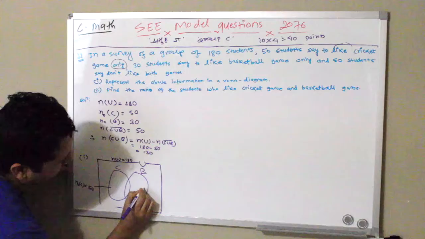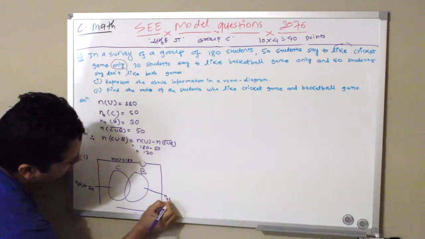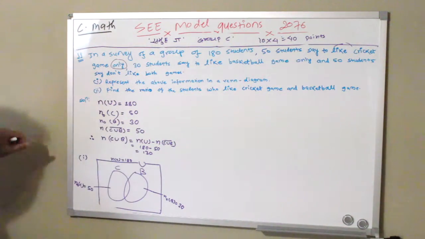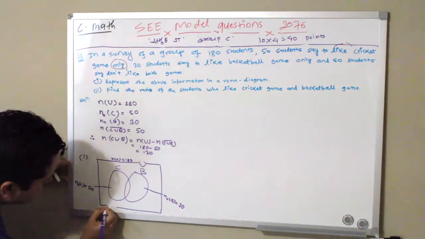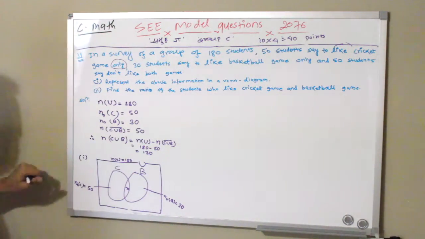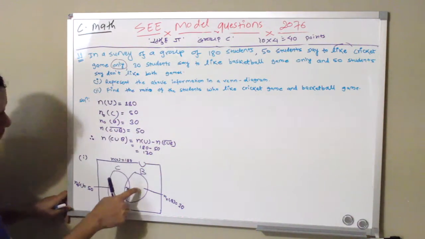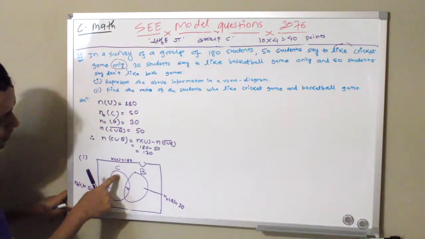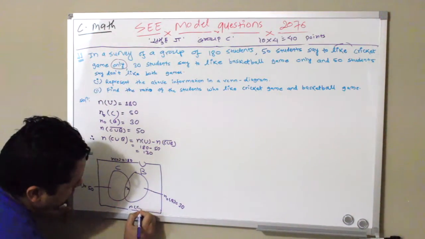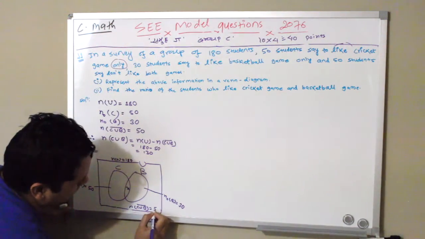And this part is only basketball, which is 30. The intersection I'll call X. And we have the complement, none of them, neither C nor B, so C union B complement is 50.